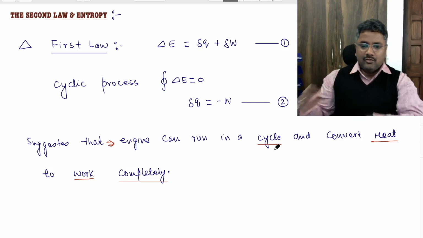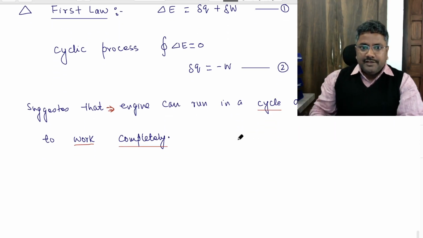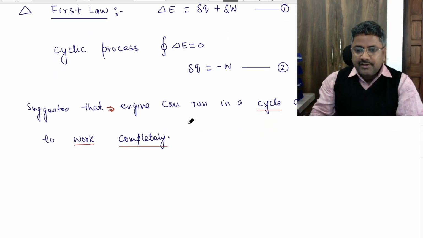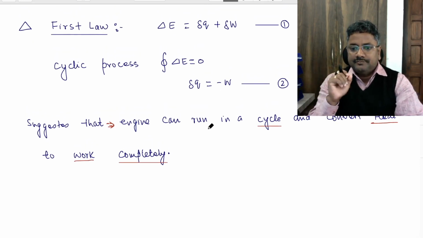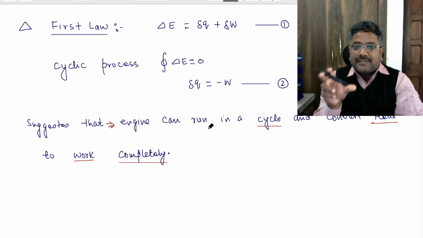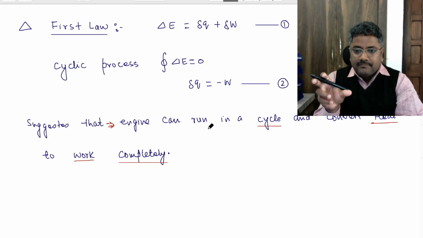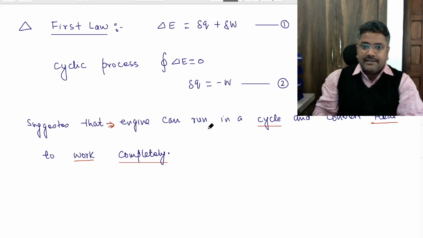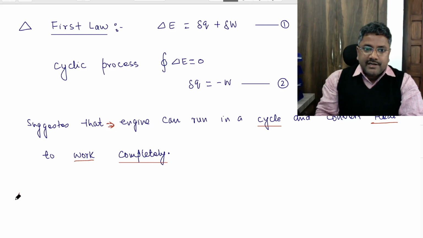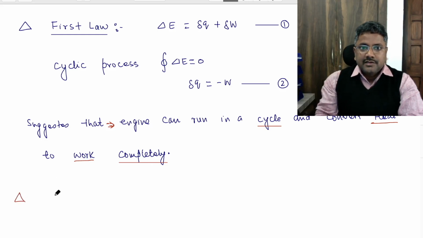Clear? Okay. Now, is it possible practically? The answer is no. So this is the role of the second law, that the second law puts a restriction on the complete conversion of heat into work, right?